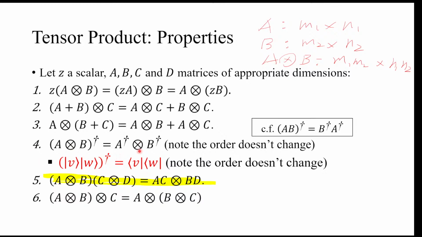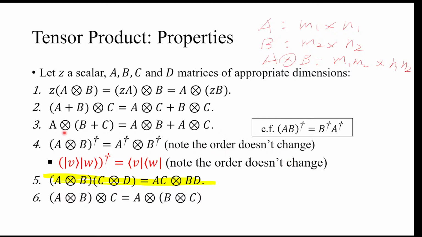Okay. And another very important rule about tensor product is when you take the adjoint: the adjoint of a tensor product is the tensor product of the adjoints. And the important thing here is the order doesn't change. So A tensor B, you think about it as the adjoint, is A adjoint tensor B adjoint. Okay. And it's different from matrix multiplication. So for matrix multiplication, when you take the adjoint, then the order will change. So you have A times B adjoint, it's B dagger times A dagger. But for tensor product, the order doesn't change. It's important.